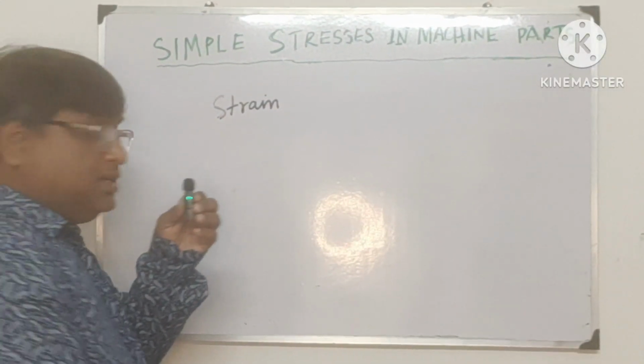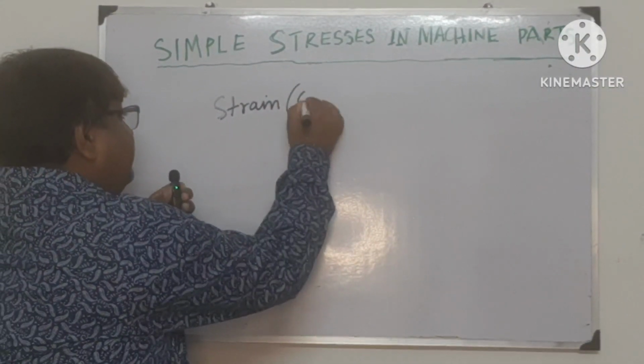In Greek letter, strain is denoted by epsilon.